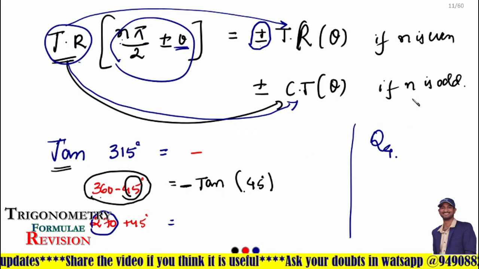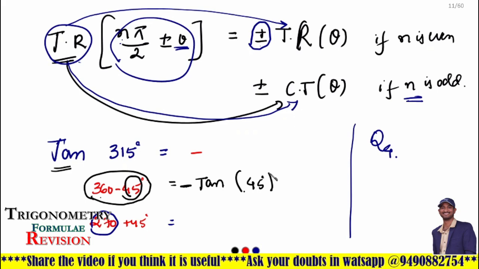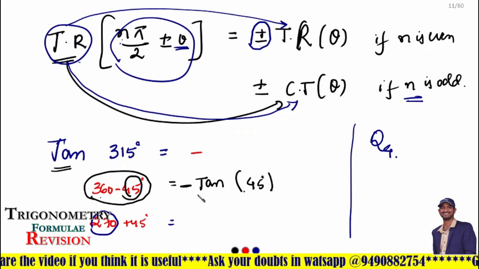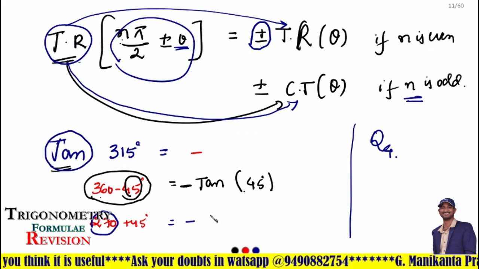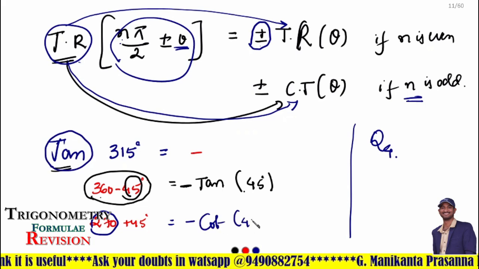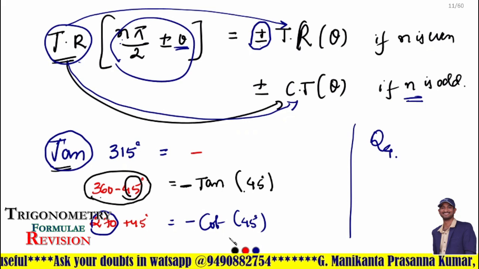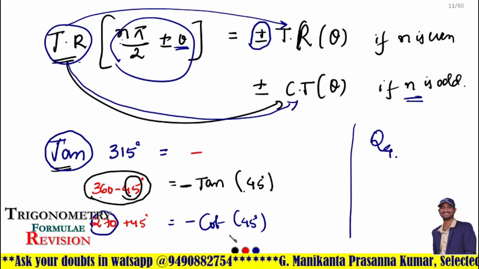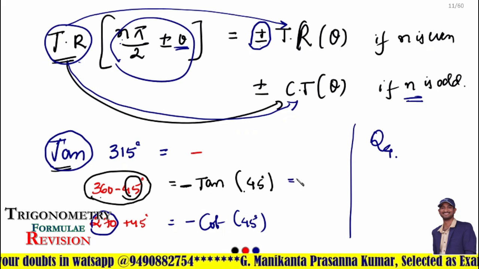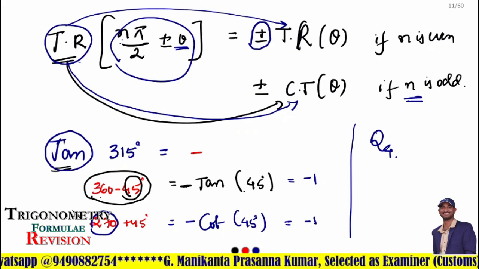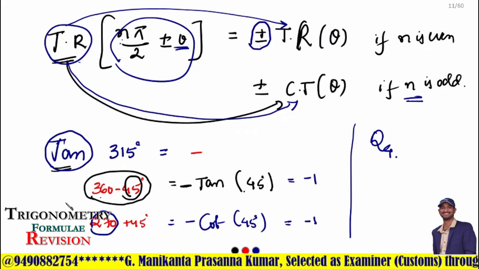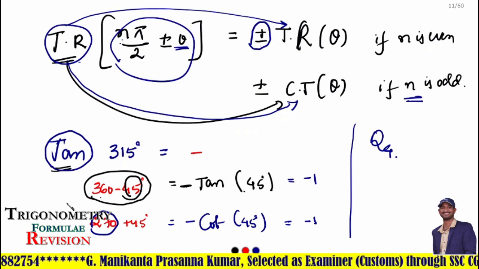When there is an odd multiple, I have to take the complementary trigonometric ratio, with a minus sign. What is the complementary trigonometric ratio of tan? Cot 45 degrees. Is it clear? Minus tan 45 means minus 1, or minus cot 45 means minus 1. In both cases, you will get the same answer. Is it clear?